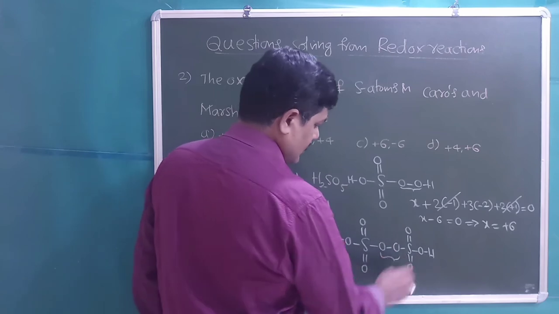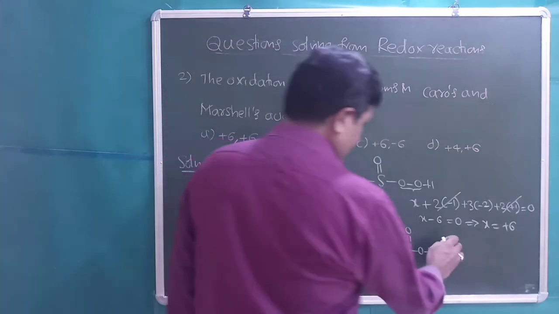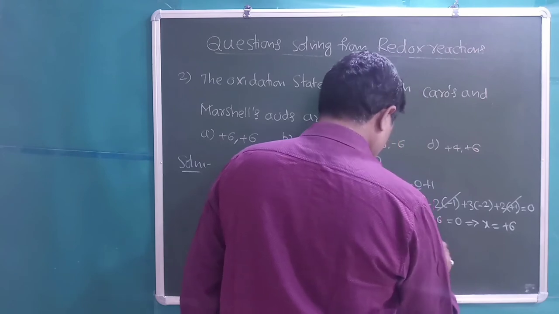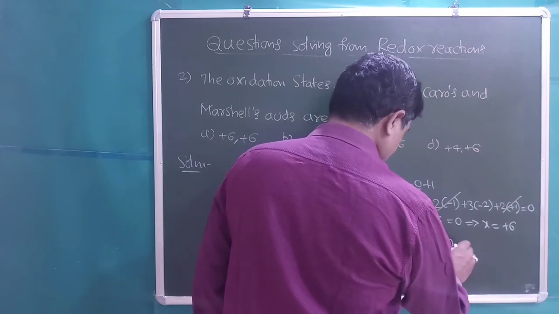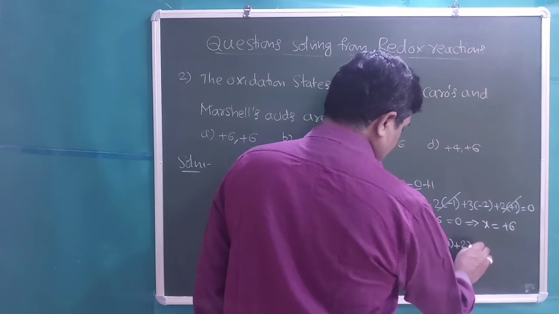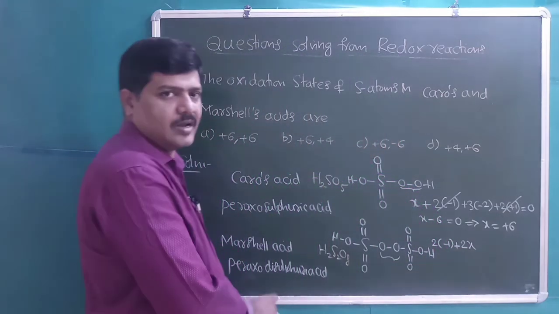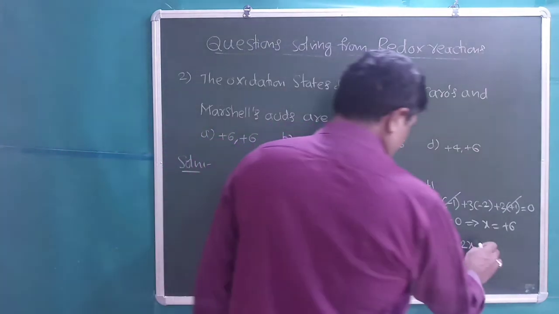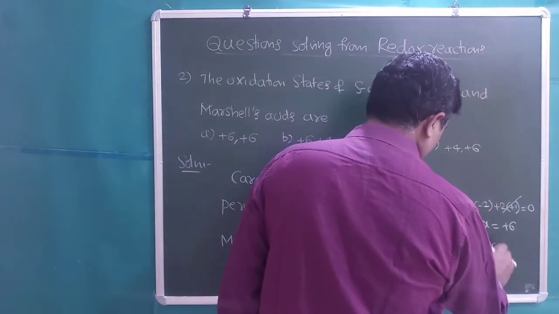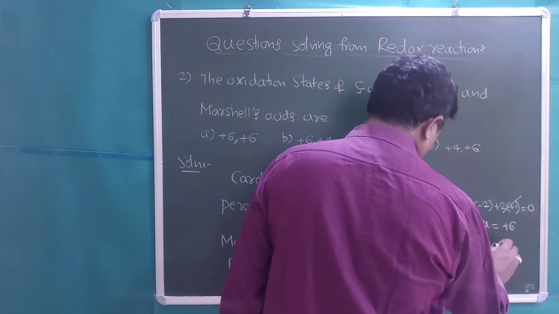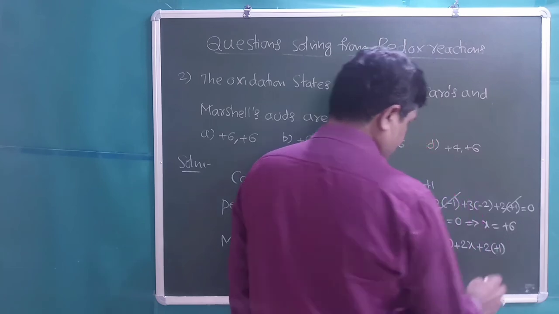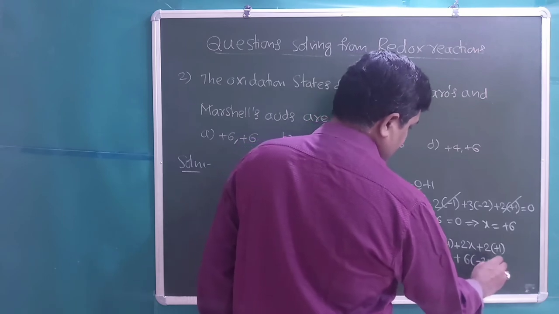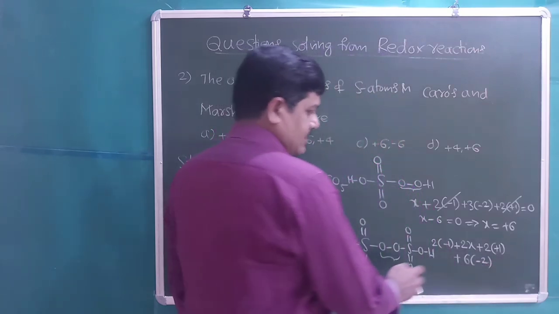For the 2 peroxy oxygens, we take oxidation state 2 into -1, plus 2 sulfur atoms, each with oxidation state X, plus 2 into +1 for the hydrogens, and the remaining 6 oxygens at -2.